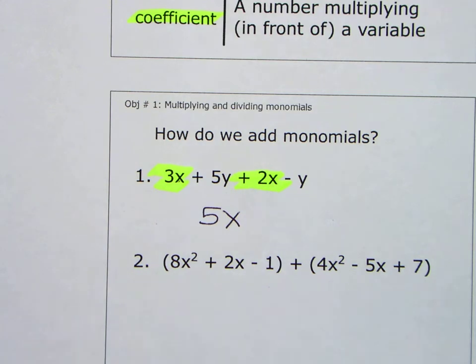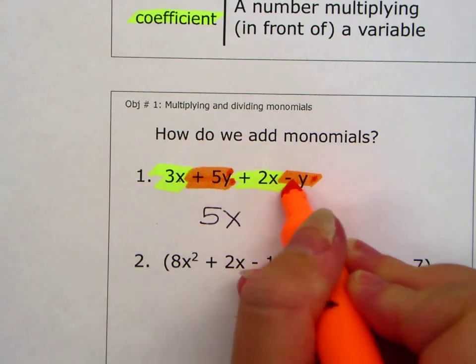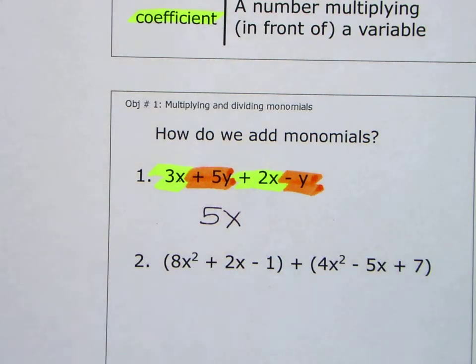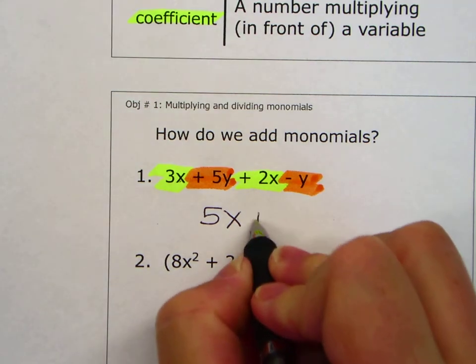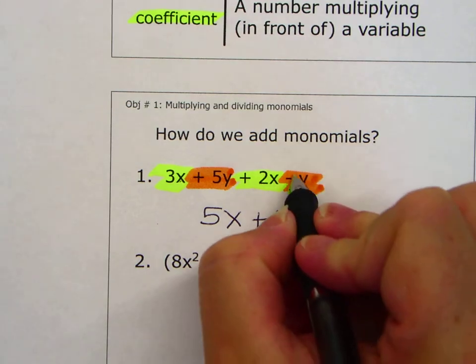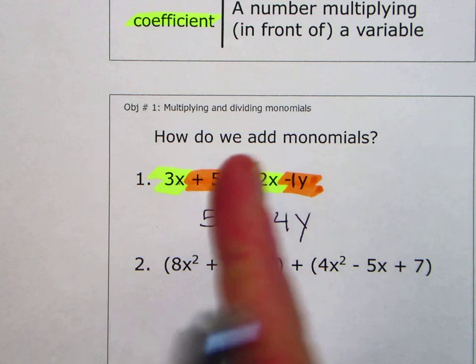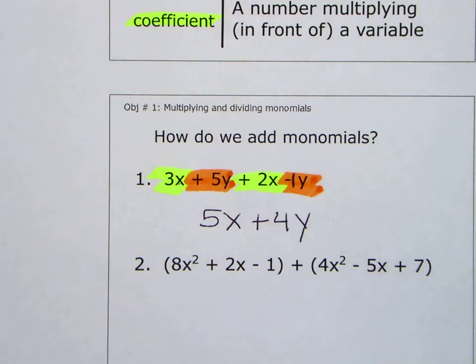Okay. And then now we have 5y and y. Positive 5y and minus y. Right? This time we have a negative. 5y minus y is 4y, positive 4y. Now remember, when you have a y with nothing in front, there's an invisible 1. Like I have a pen, I have 1 pen, right? So that's your final answer.